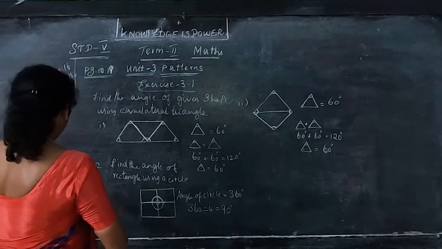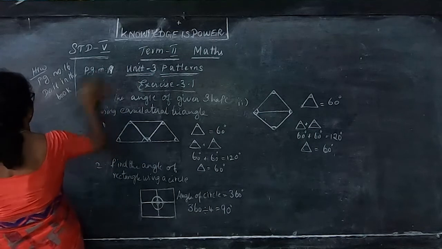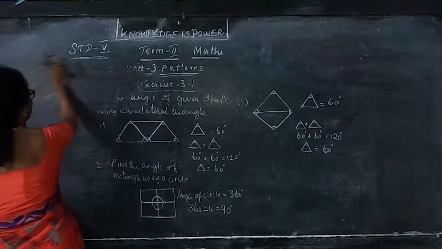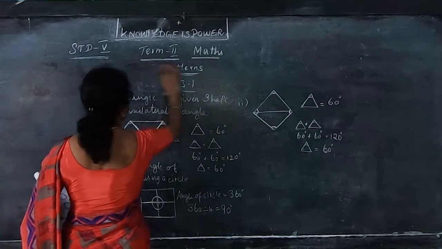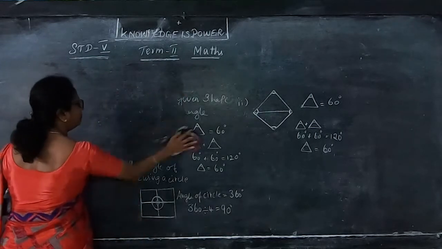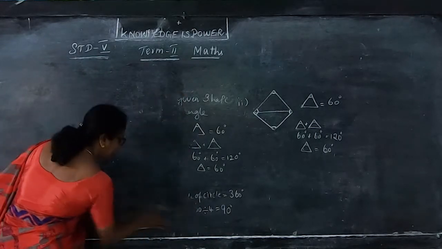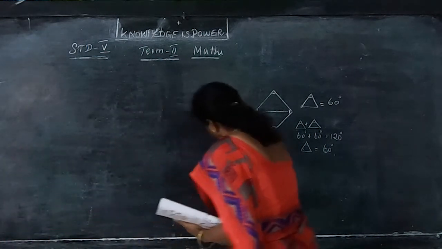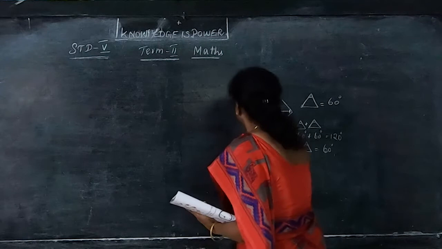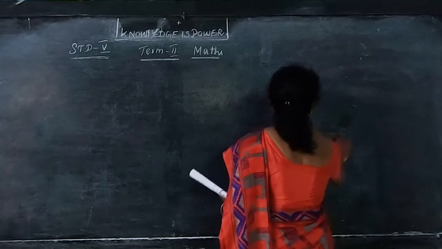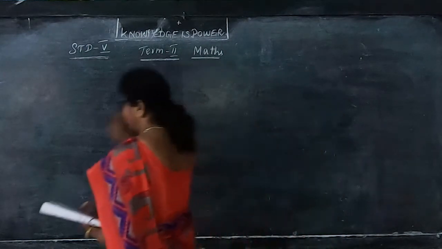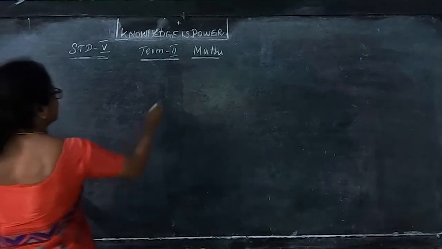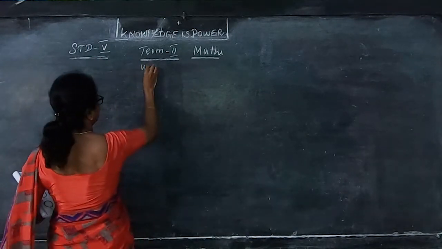And now they are given the clock. In exercise 3.2, they are given the clock. So in that clock, we have to find out the angles and the time. So we will see that one. Easy only, this is exercise, same measurements only.